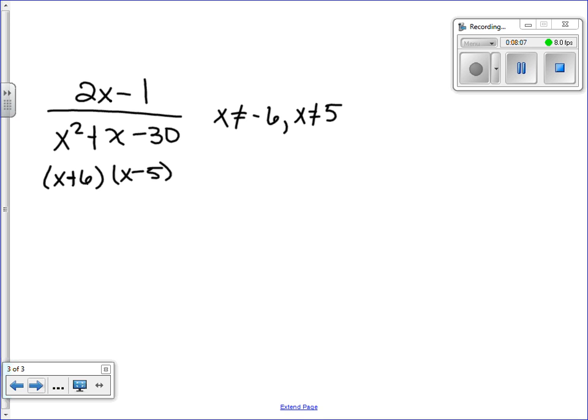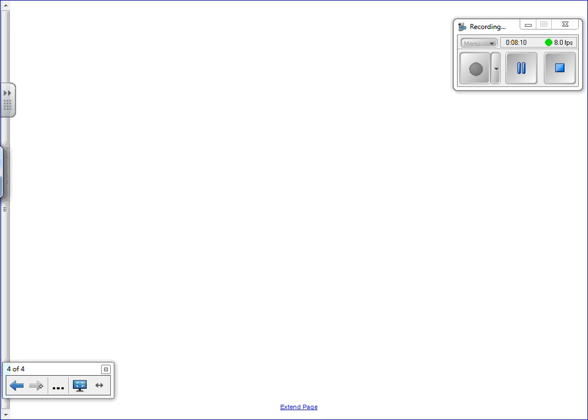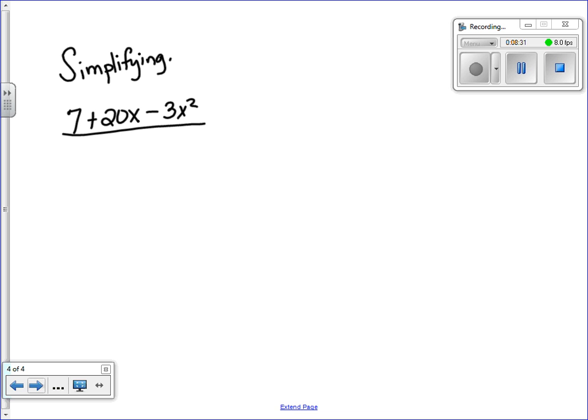Now let's talk about simplifying rational expressions. Look at this one in blue.